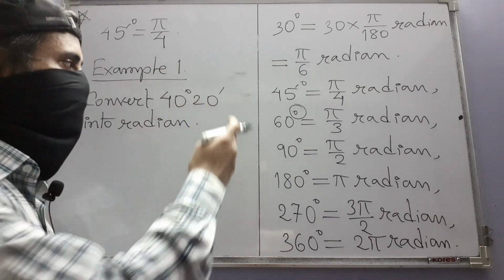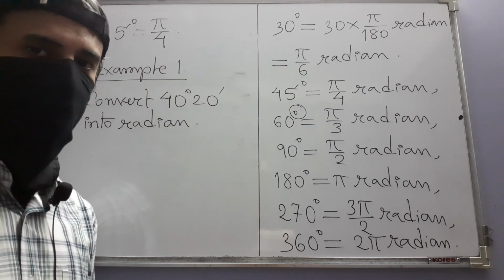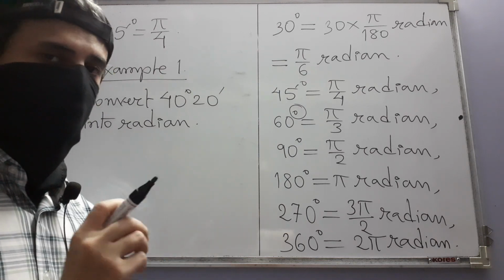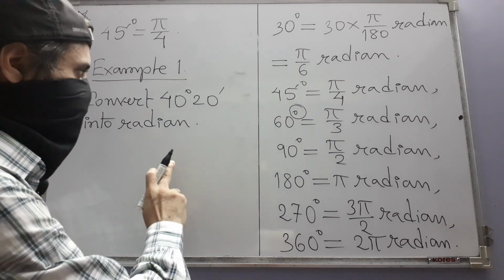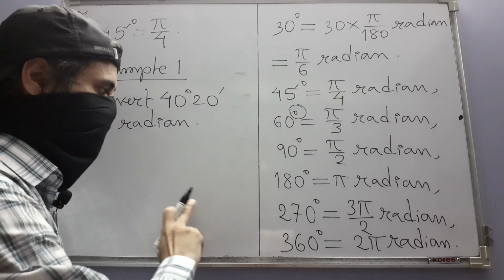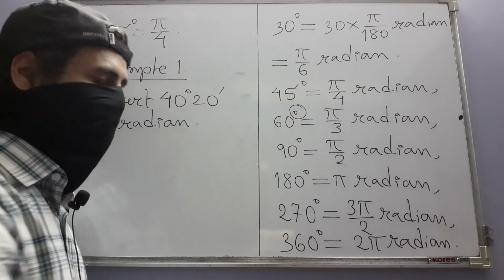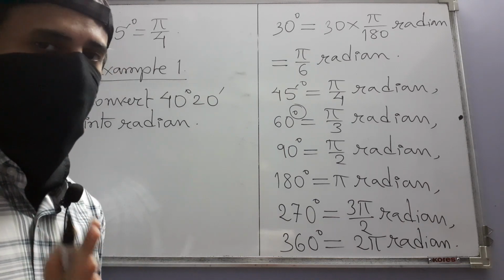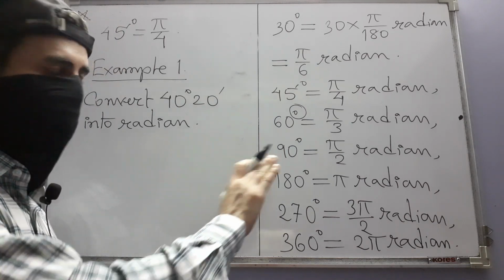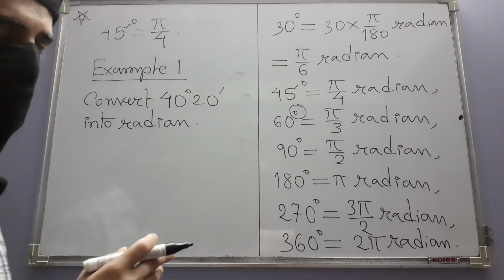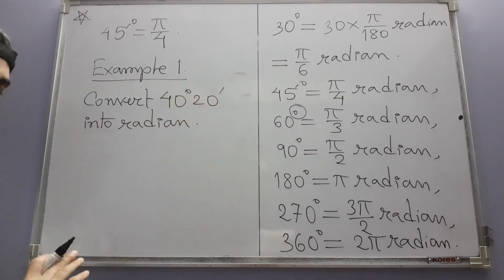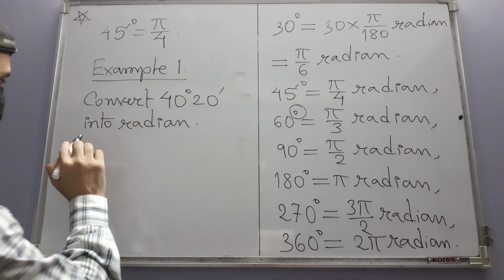So you turn that minute also into degree. Take everything into degree, and then only you can convert, because we have the relationship between degree measure and radian measure, not minute measure and radian measure. If one wants, one can find that relation, but there is no need. Okay, so we turn minute into degree and then only we convert.